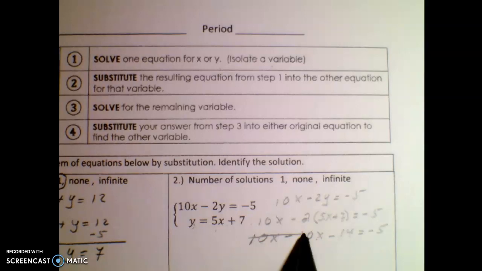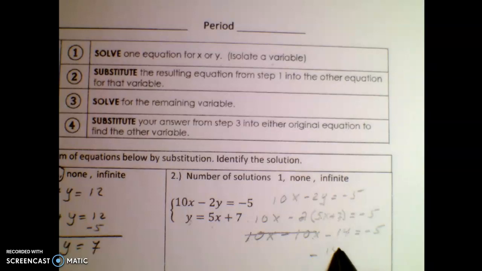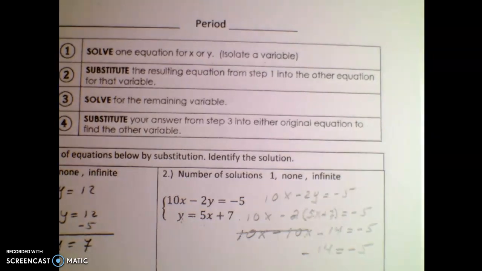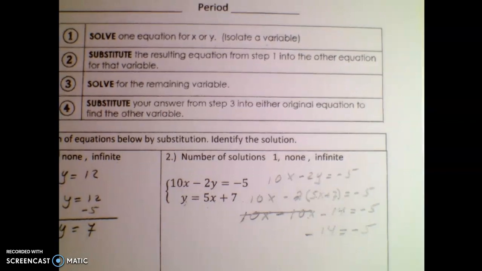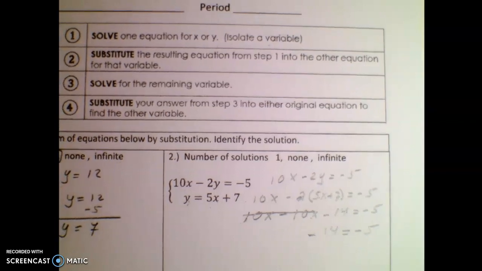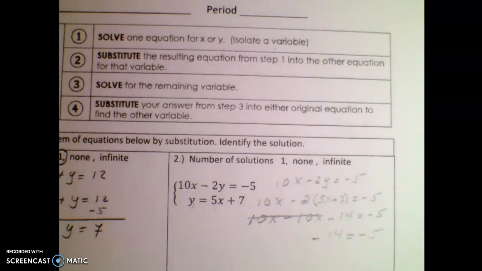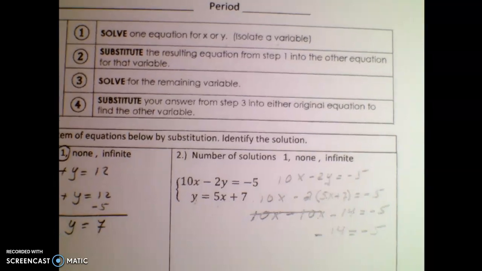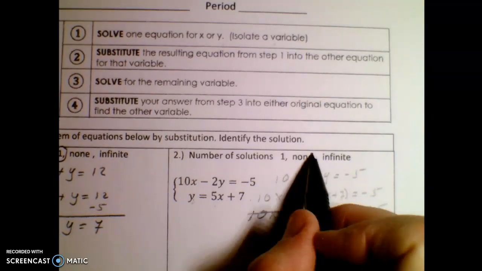So if we subtract those, it's 0. And we're left with negative 14 equals negative 5. And that doesn't make much sense, that negative 14 equals negative 5. If it doesn't make sense, that means those two lines have nothing in common. And if they have nothing in common, then they have no solutions.